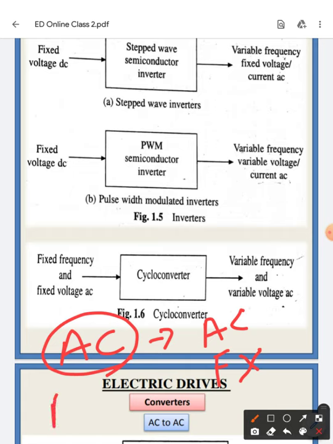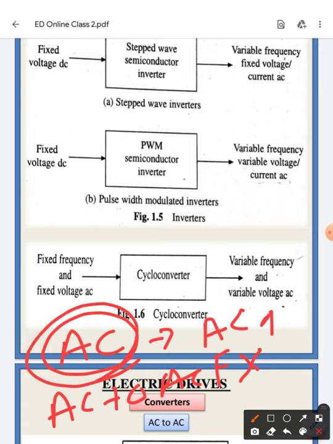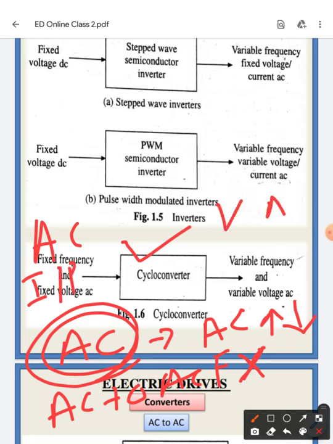So a simple AC to AC converter can change input AC voltage into variable AC voltage without changing the frequency, whereas the cycloconverter can change fixed AC input voltage into variable AC output as well as variable frequency, right?